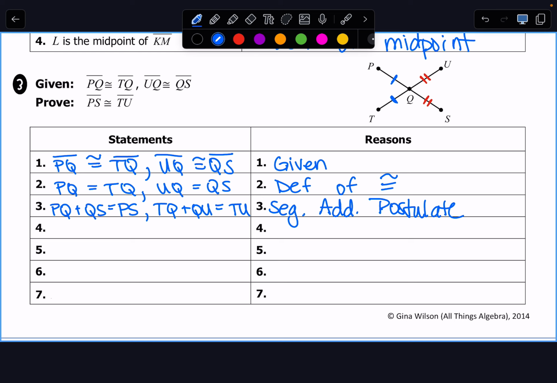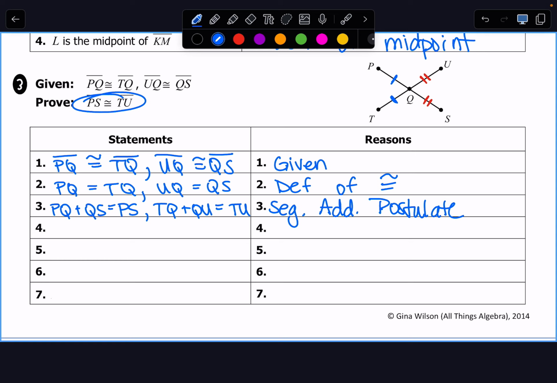What the heck are we going to do to show that PS and TU are the same? Hayden, do you have an idea? PQ plus QS equals QU plus TQ. So we can't say that right now, but if we can get to that sort of place, it's kind of what we're going for, right?